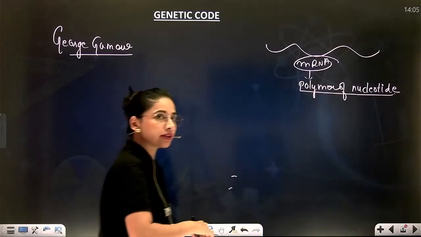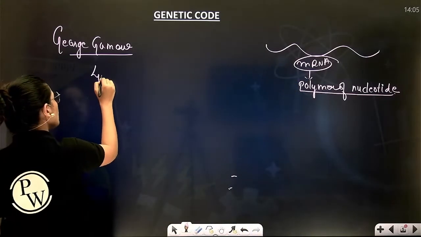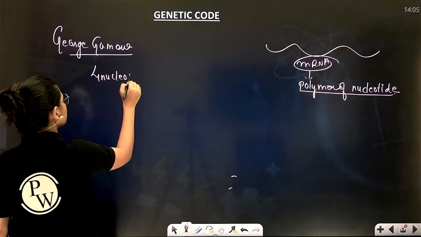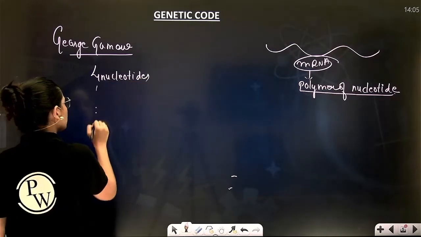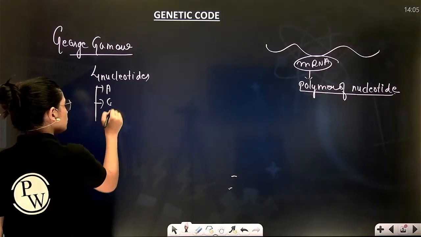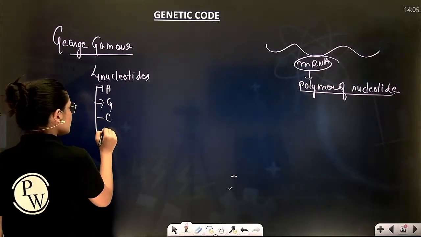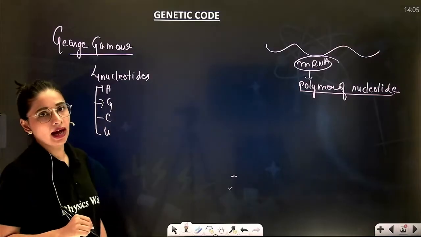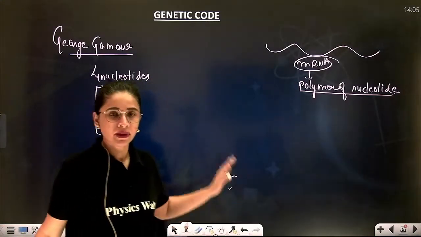How many nucleotides are possible? There are 4 nucleotides possible. Which are those? Adenosine, guanosine, cytosine and uracil in case of RNA, not thymine, you know that.